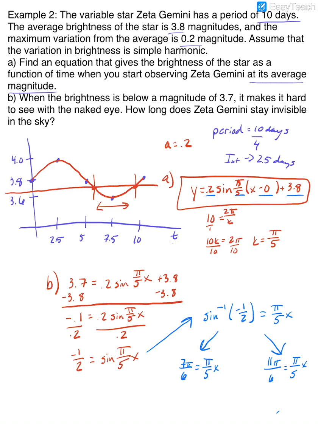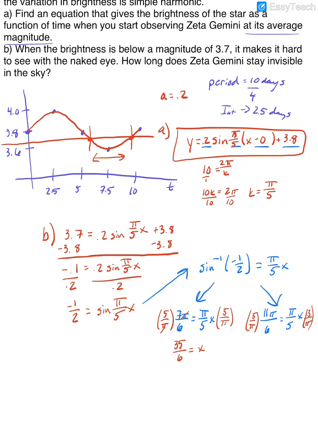Okay, so I want to multiply both sides by 5 over pi. Then your pi's cancel out, so x equals 35/6 and 55/6.